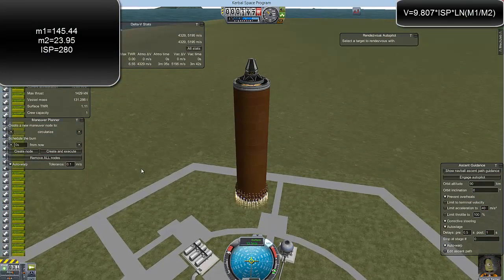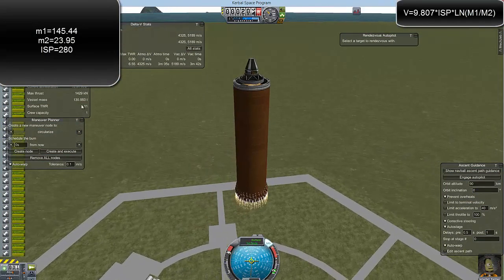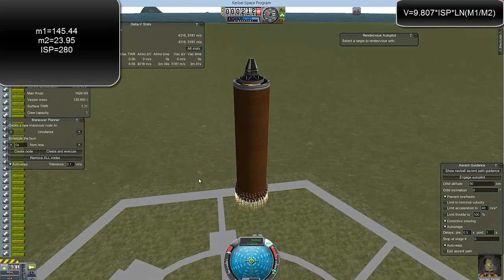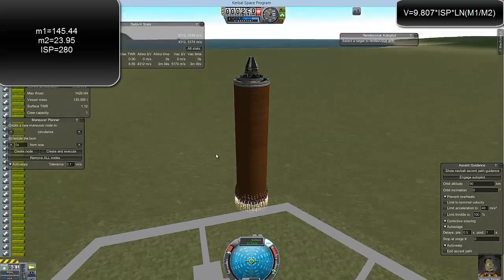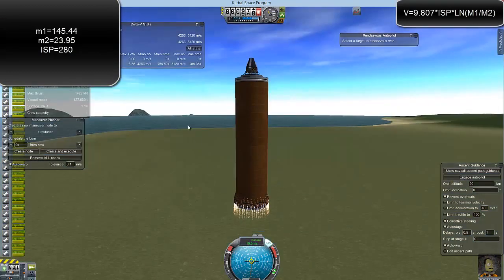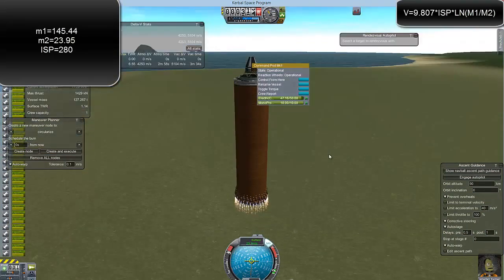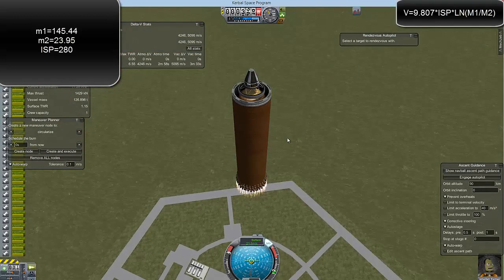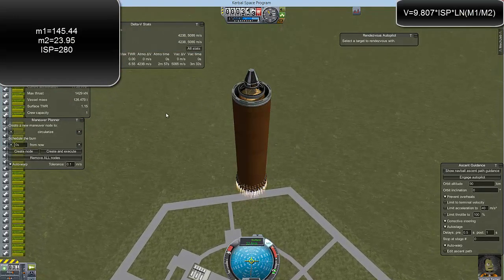So, while we wait, one thing I want to mention is, again, thrust versus weight ratio. I covered this in the previous video. As this number goes down to vehicle mass, the thrust versus weight ratio will go up. Means it's faster. And as long as the electricity holds out, we should be fine.